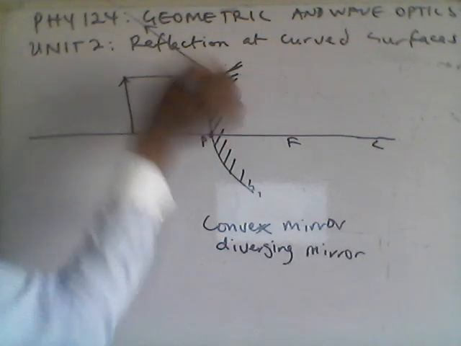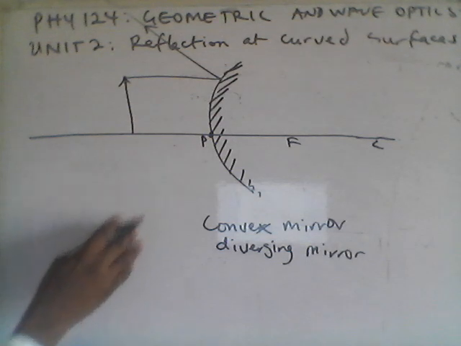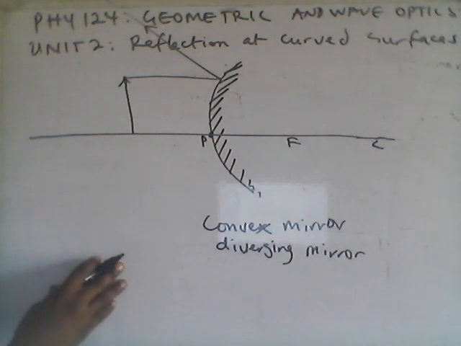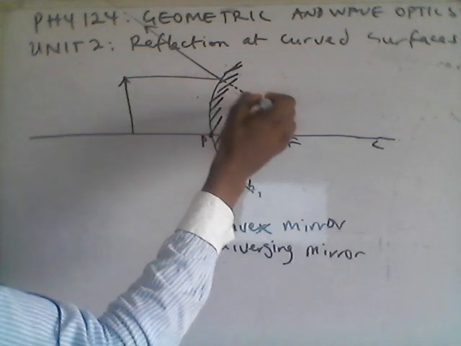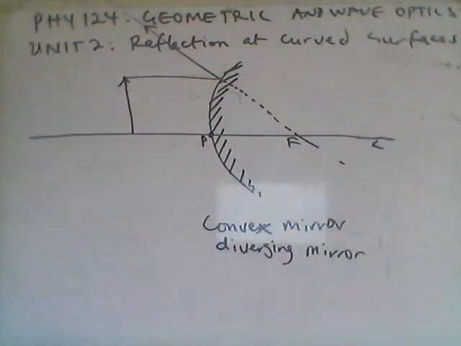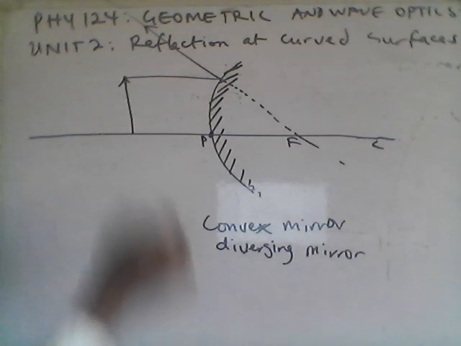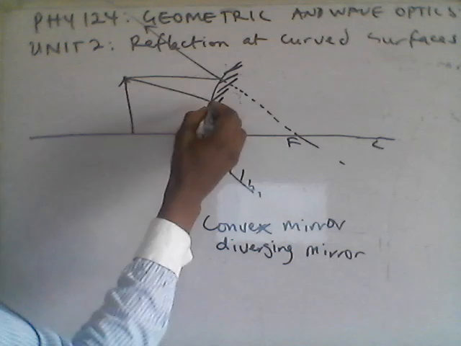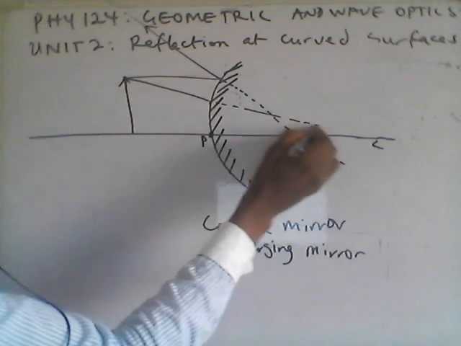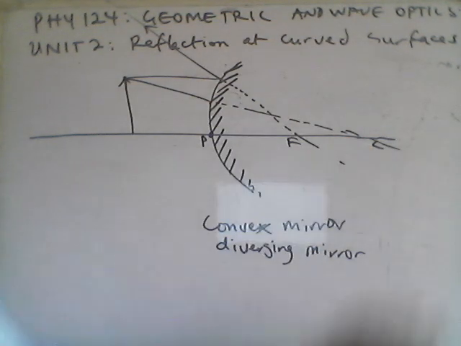The reflection is divergent. The first ray appears to be coming from the focus. The second one hits this mirror, still reflects, but appears to be coming from the center of curvature.